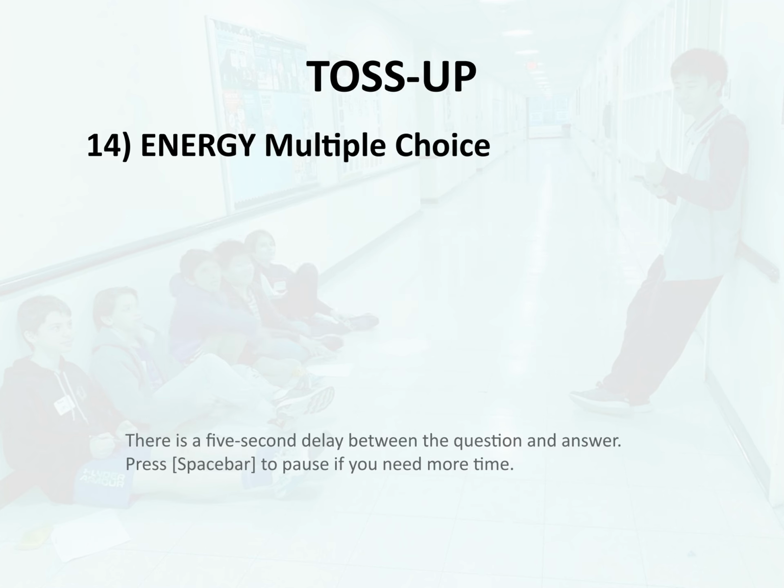Toss-up, 14. Energy multiple choice. The ultimate energy source for geothermal energy is which of the following? W. Radioactive decay of elements in the Earth's interior. X. Gravitational contraction of the Earth's interior.